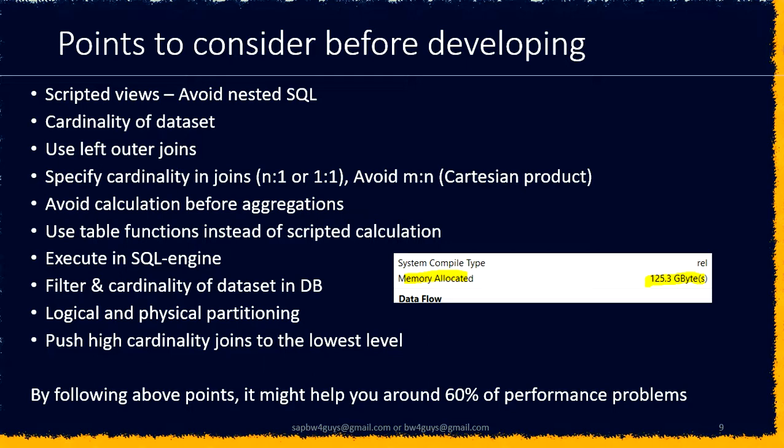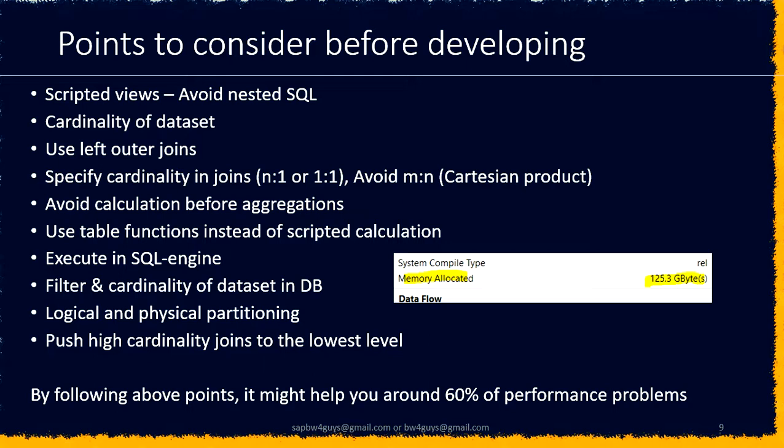Whenever we develop any model, we need to keep these points in mind. In scripted views, avoid nested SQLs, and watch the cardinality of the data sets. When the cardinality is m is to n, it becomes a Cartesian product. Always try to use left outer joins, and specify cardinality in joins like n is to 1 or 1 is to 1.